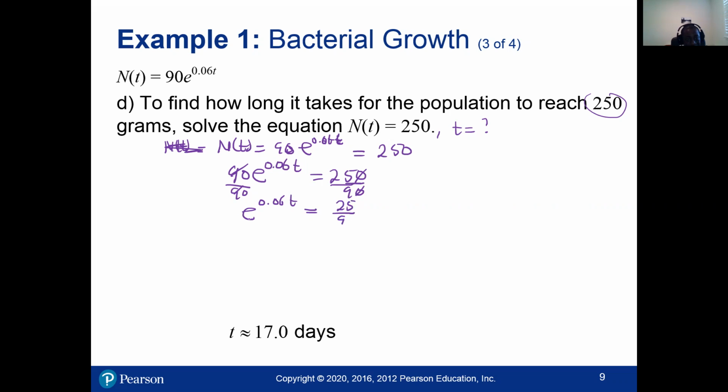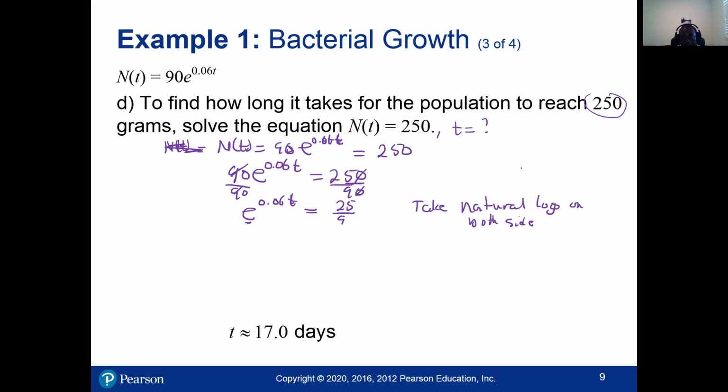Since we have e raised to that, if you want to solve for t, we take the natural log on both sides. Why? Because the base is e.